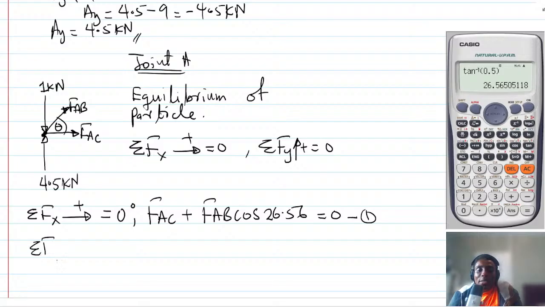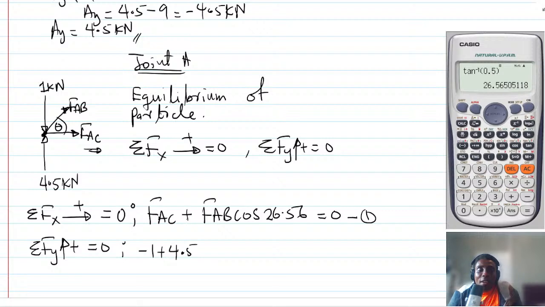Now let's sum forces in the y. Every force going up should be positive, and the sum should be 0. 1 kilonewton is coming down, so minus 1. 4.5 is going up, so plus 4.5. And then FAC is horizontal, so 0, no need to do anything.